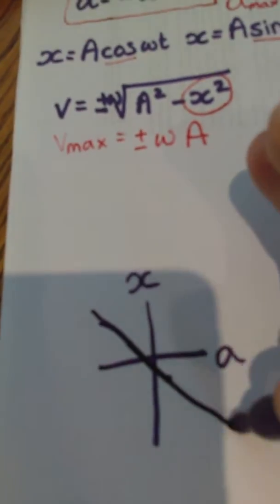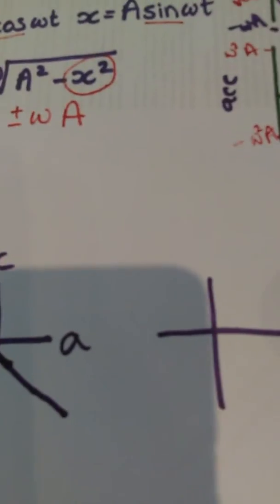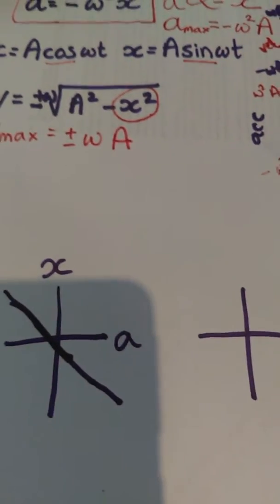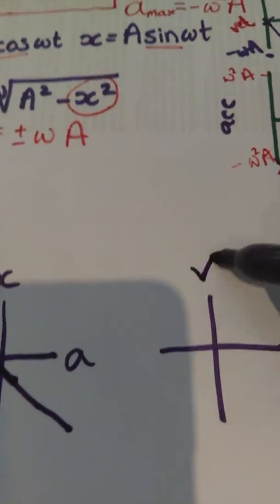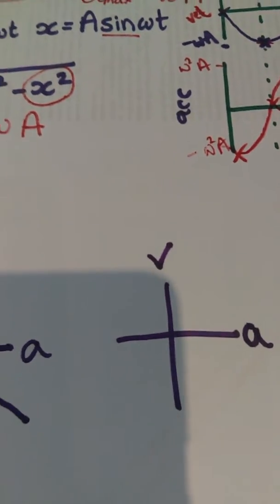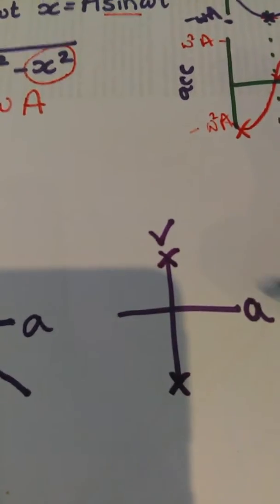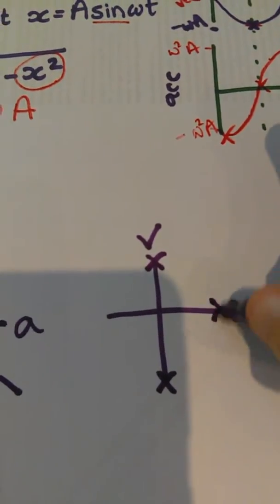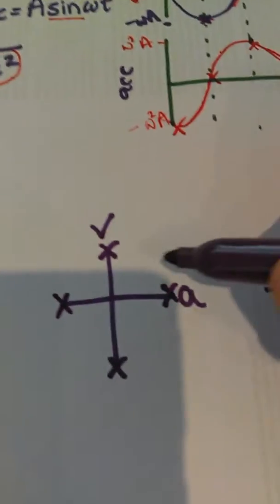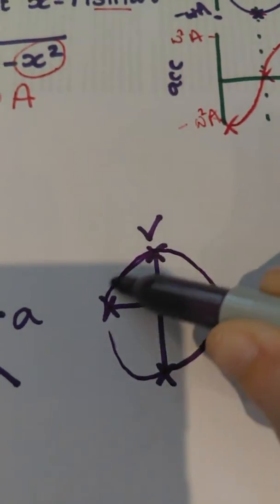So we should be going through 0, 0 there. If we were doing a graph of acceleration and velocity, well, acceleration is a maximum when velocity is 0, and that's in either direction. Okay, acceleration is a maximum when velocity is 0. So a velocity acceleration graph looks like this.